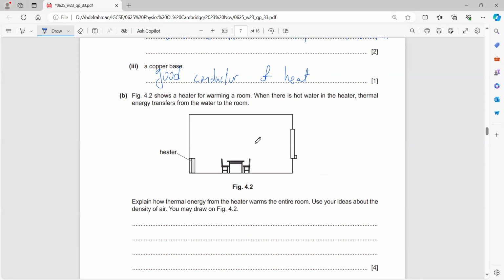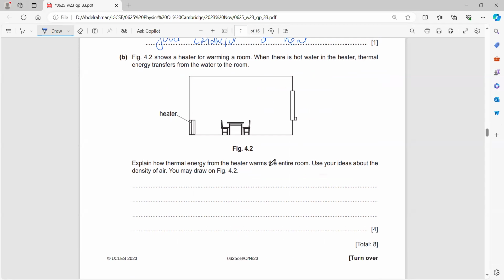Explain how thermal energy from the heater warms the entire room. Use your ideas about the density of air. Someone texted convection, which is correct. You'll take 1 out of 4 marks. What else should I say about the convection?